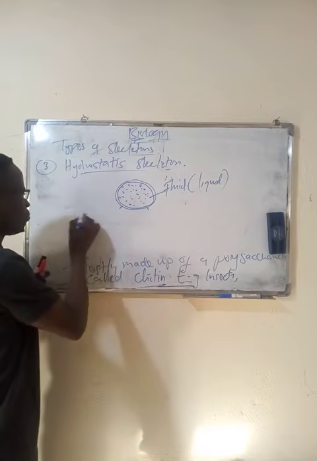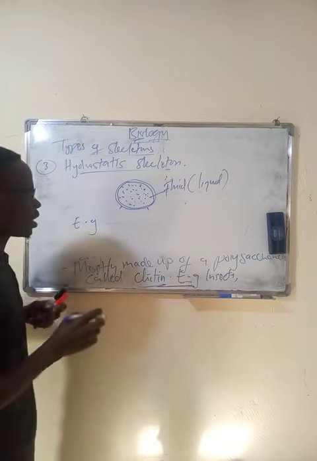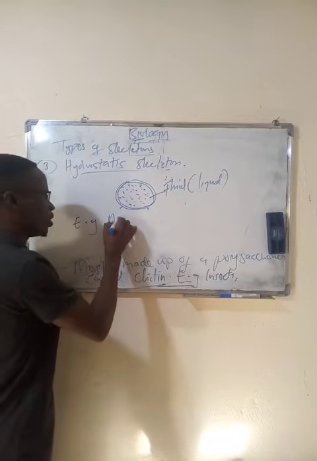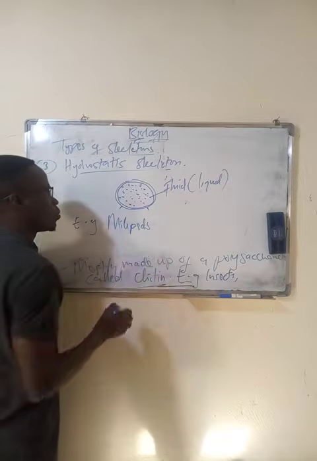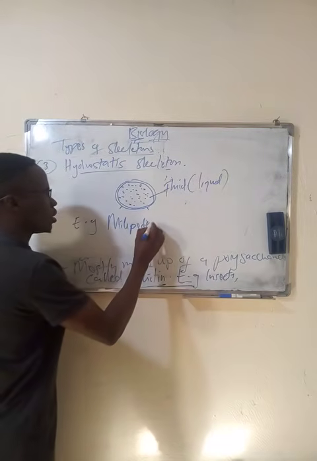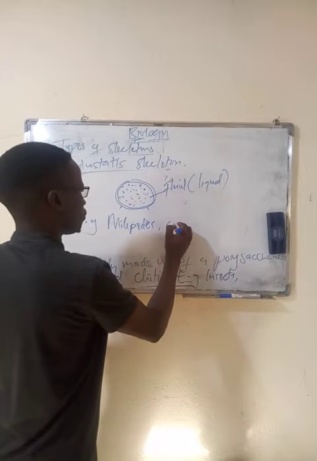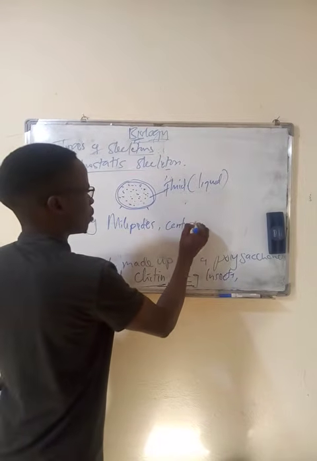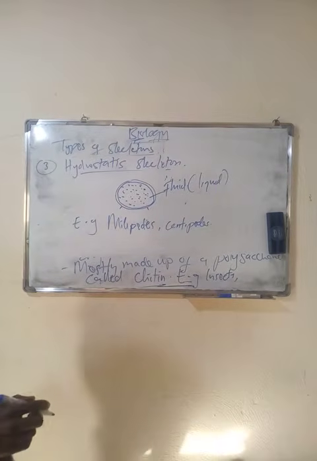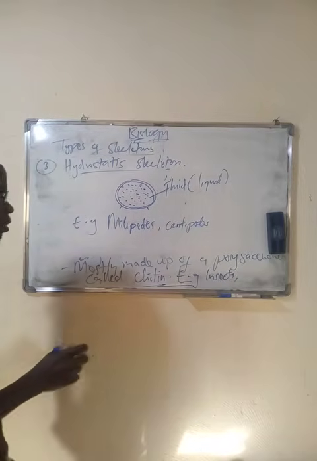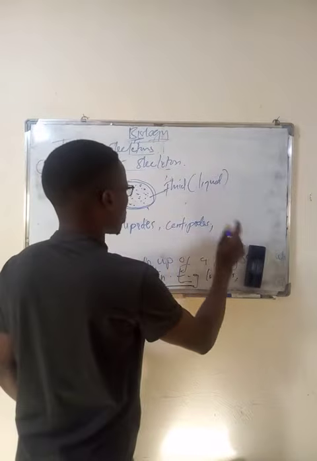Now, an example is things such as millipedes. So all these millipedes, centipedes, have what is called the hydrostatic what? Skeleton. We also have what are called nematodes.